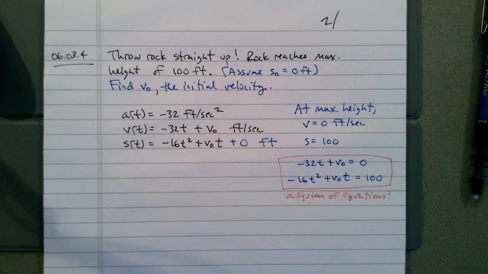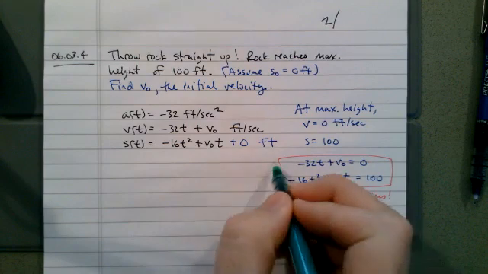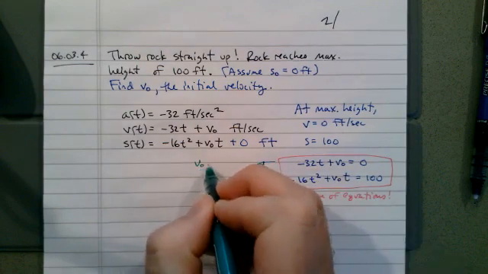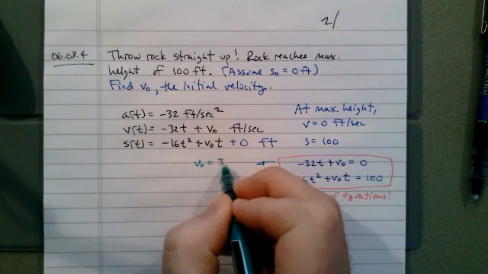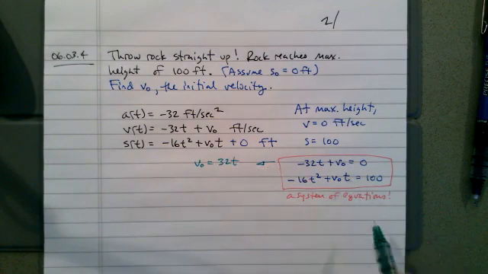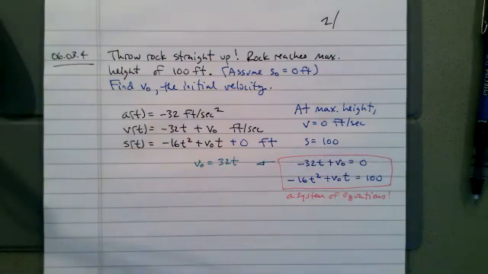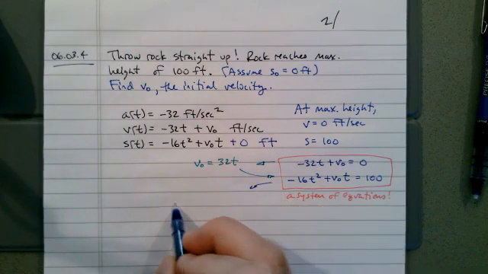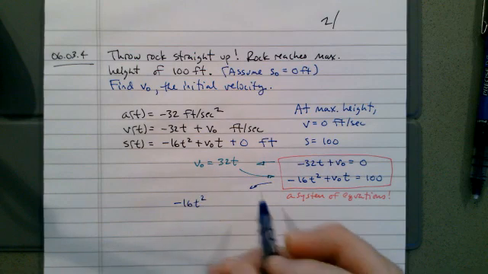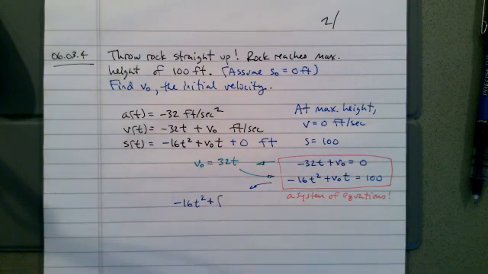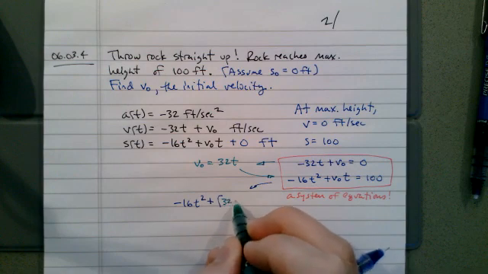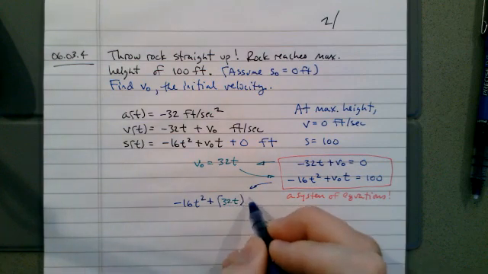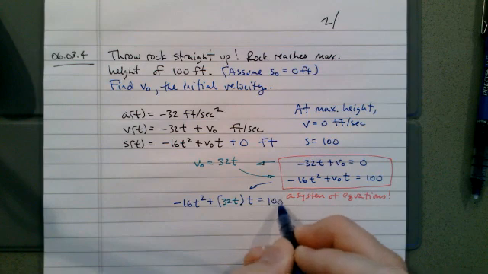If we solve the first equation for v naught, we see that v naught is equal to 32t, and I can plug that into the second equation. Plugging that in tells us that negative 16t squared plus 32t times t is equal to 100.